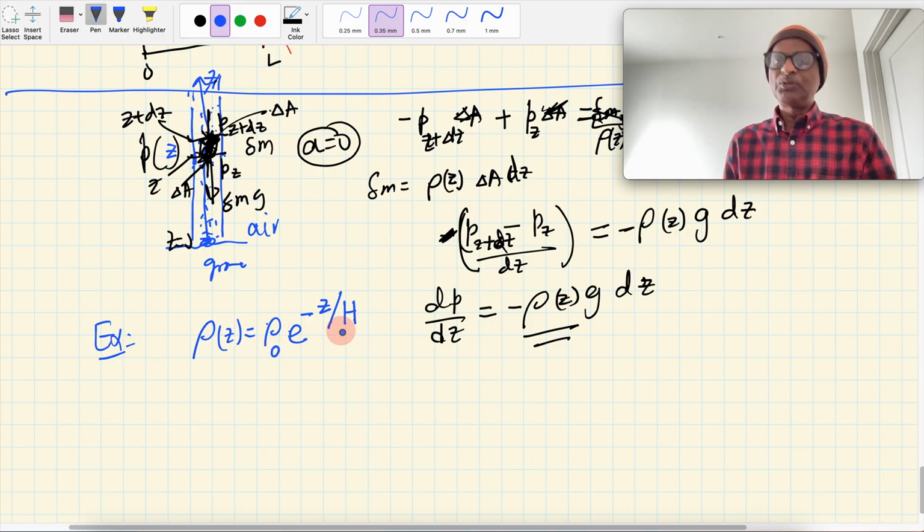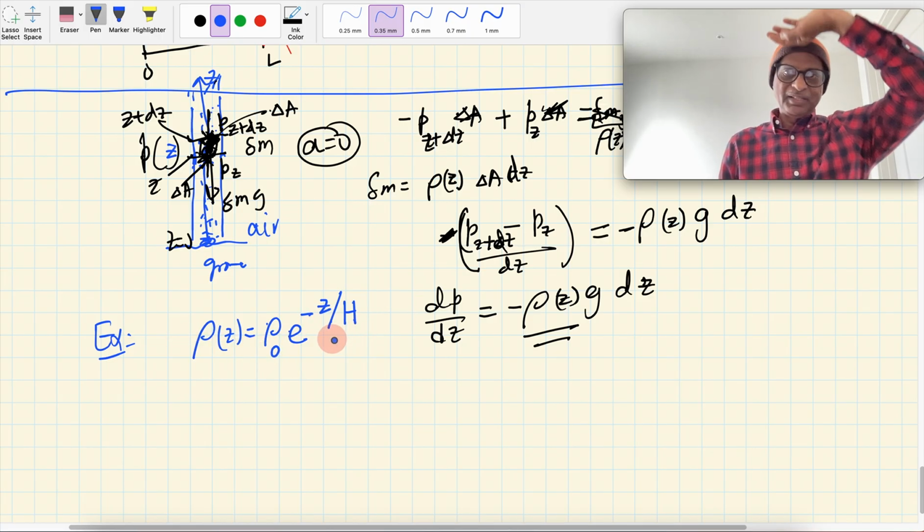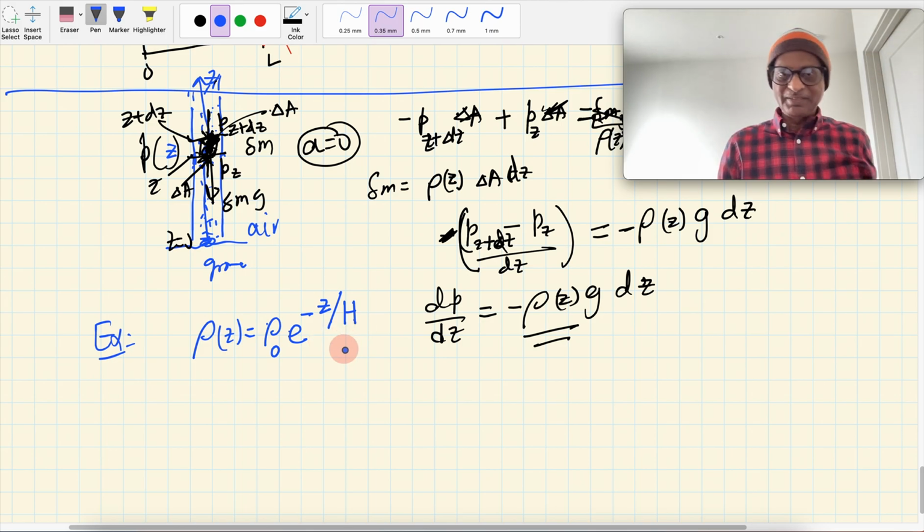So it eventually goes to 0 as z goes to infinity. So this is the model, and h is like 40 miles, whatever, 50 miles, some very large number.